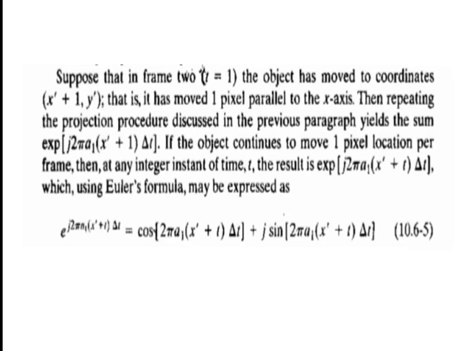If the object continues to move 1 pixel location per frame, then at any integer instant of time t, the result is exponential j 2 pi a1 (x' plus t) del t, which using Euler's formula can be expressed as e raised to j 2 pi a1 (x' plus t) del t is equal to cos of 2 pi a1 (x' plus t) del t plus j sine of 2 pi a1 (x' plus t) del t, for t is equal to 0, 1 up to k minus 1.